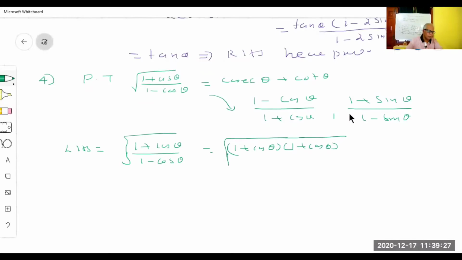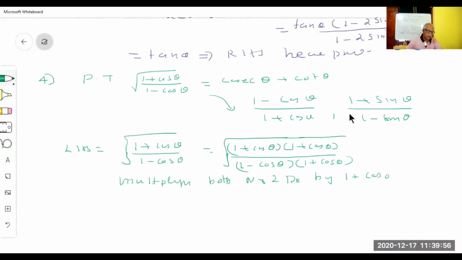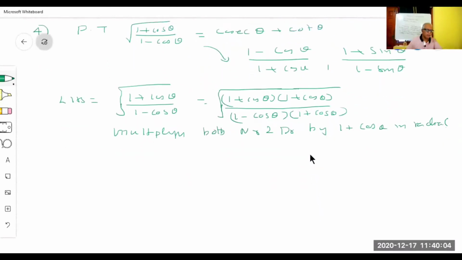Multiplying both numerator and denominator by 1 plus cos theta in the radical, we have root of 1 plus cos theta the whole square, divided by 1 minus cos theta into 1 plus cos theta.